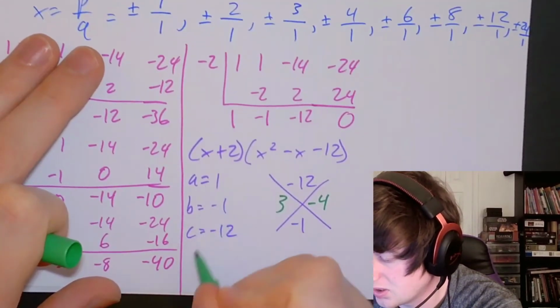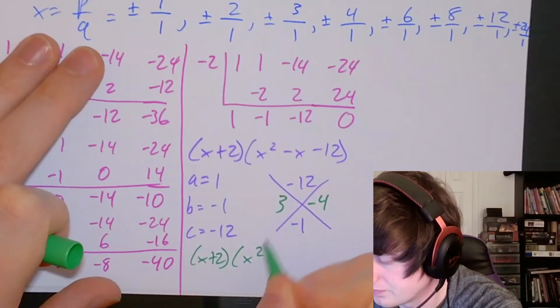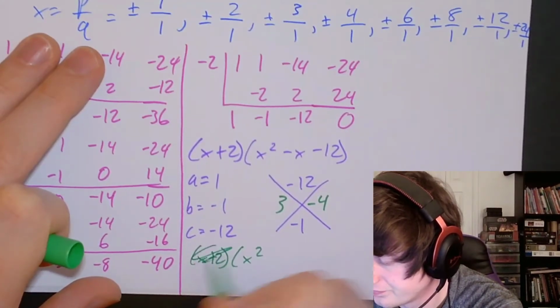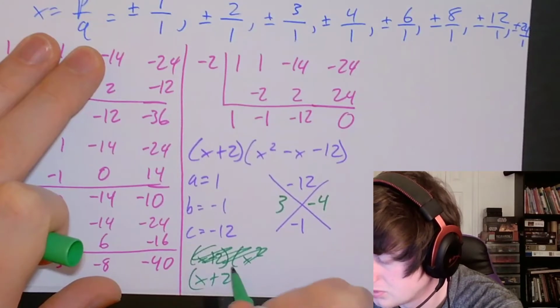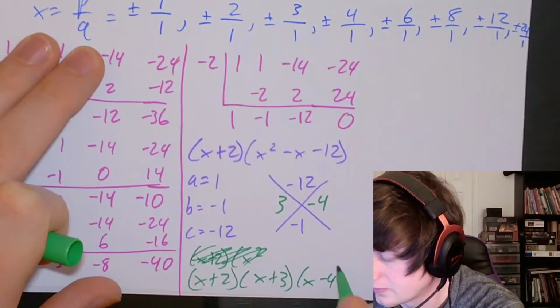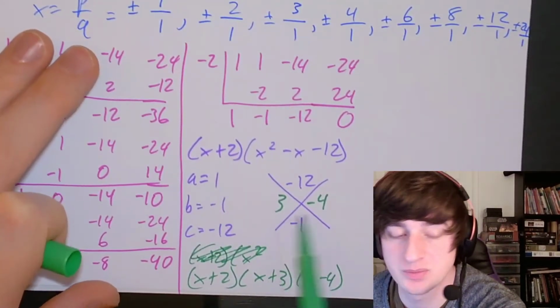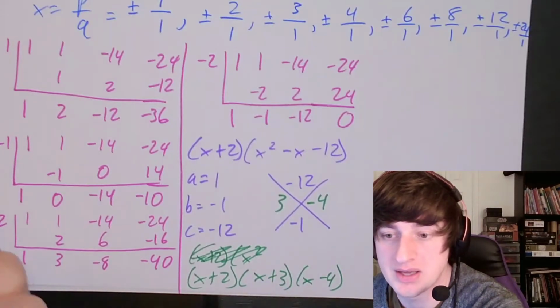And so this is x plus 2 times x plus 3 times x minus 4. Because a is 1, we use these numbers, and we don't have to use the xbox method.